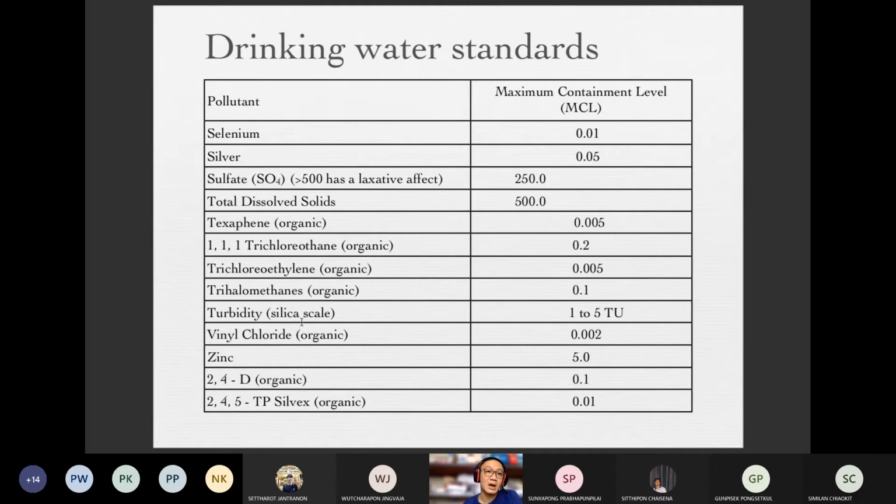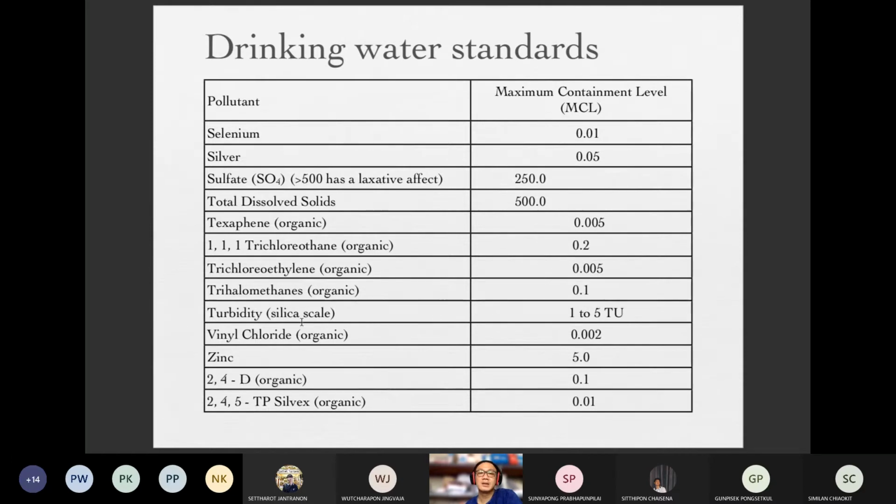If you could bring it smaller than 1 NTU, that is fine, but the typical value should be between 1 to 5 NTU, or generally should not be higher than 5 NTU. Zinc, one of the most well-known heavy metals, can be as high as 5 milligrams per liter.